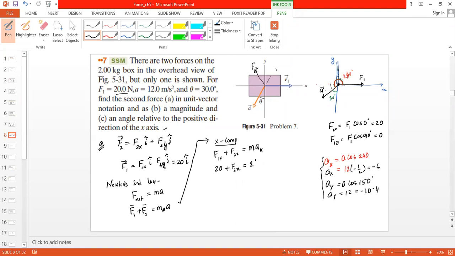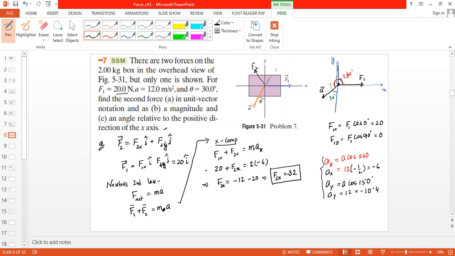Ax is equal to minus 6. That means F2x is equal to minus 12 minus 20. So F2x is basically equal to, oh, minus 32 by the way. It should be minus 32. This is my F2x.